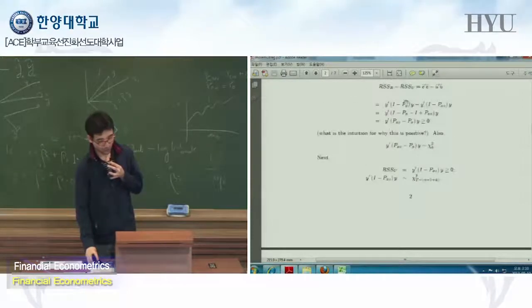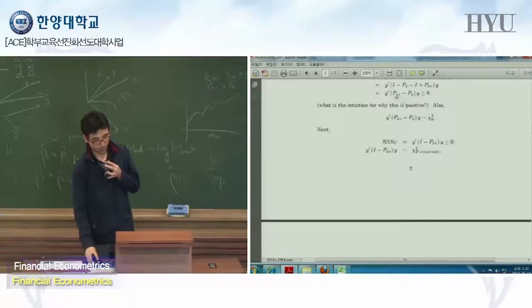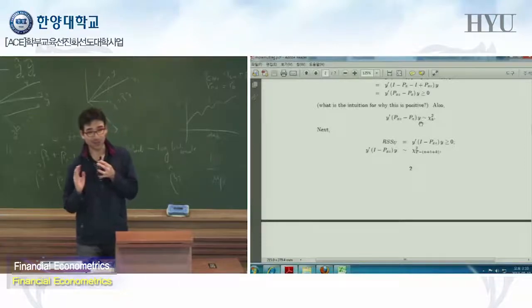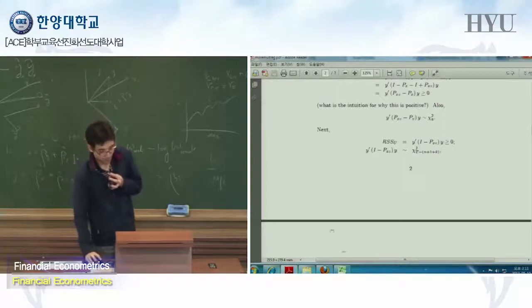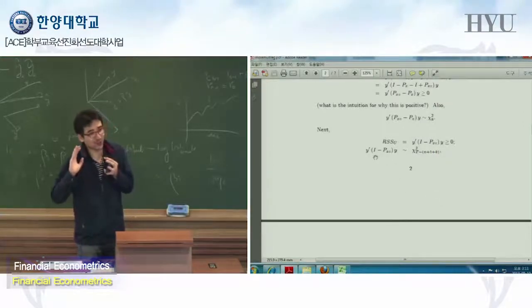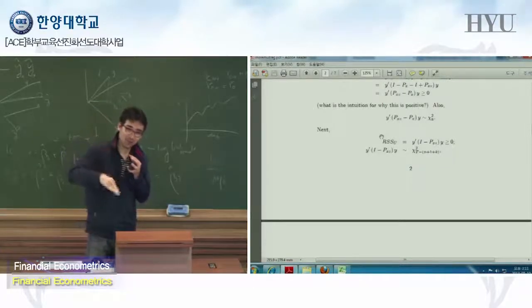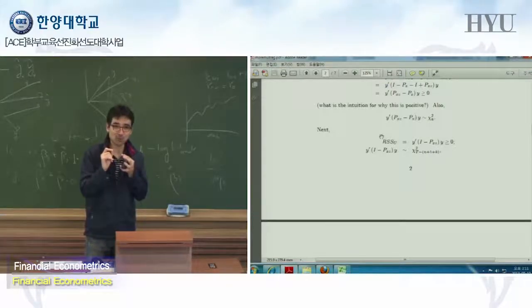In the case of RSSR minus RSSU, as you just noted, it is the regression of y on the space of xz minus x, so in some sense it is a regression on the space of z. The first one is on the space of z, and the second one is on the null space of both x and z, so it is also the null space of z as well.